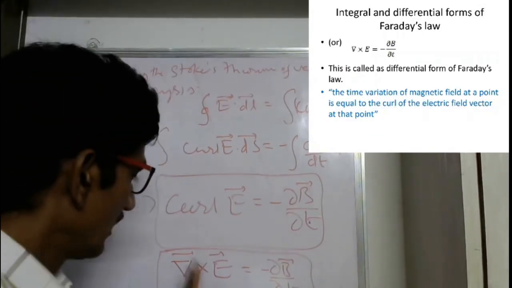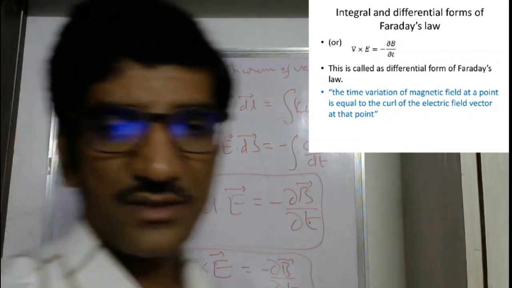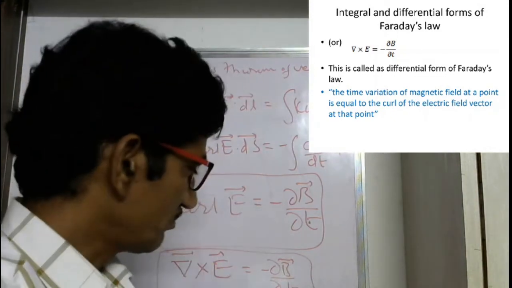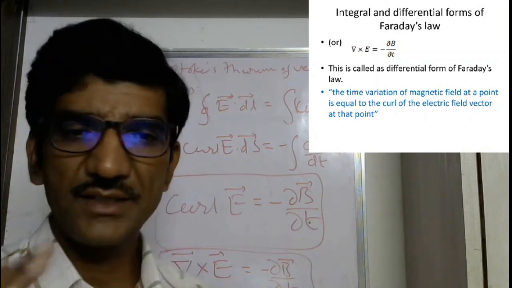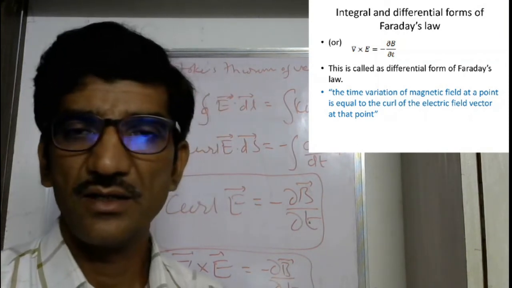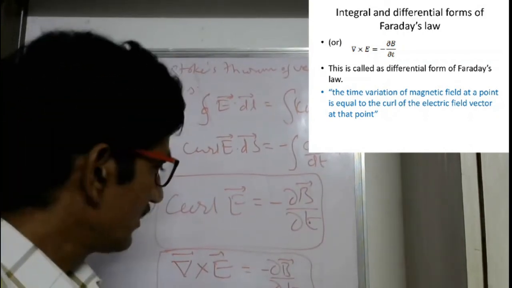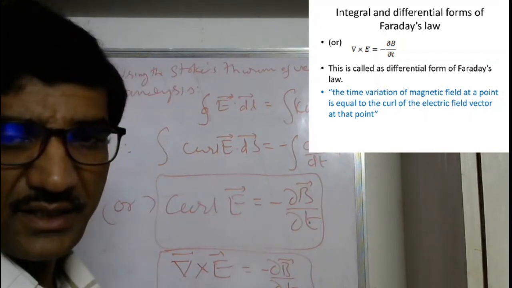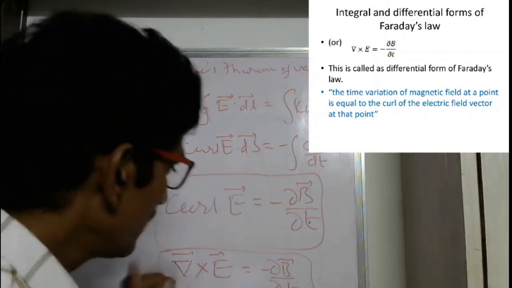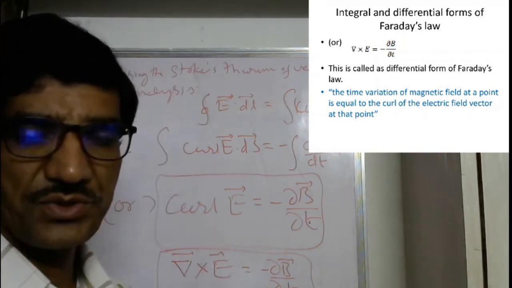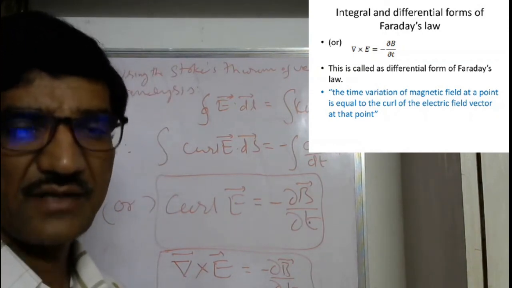According to this differential form of Faraday's law, the time variation of the magnetic field at a point in the field is equal to the curl of the electric field vector at the same point.